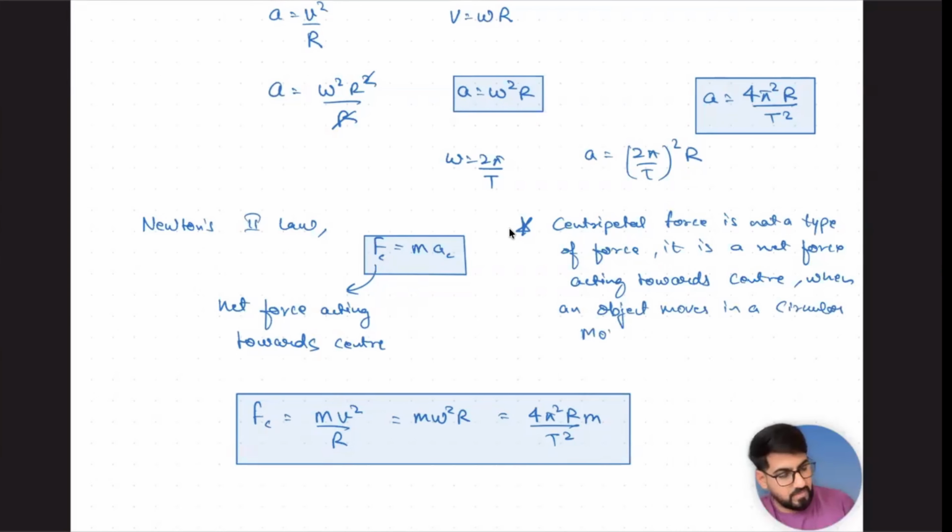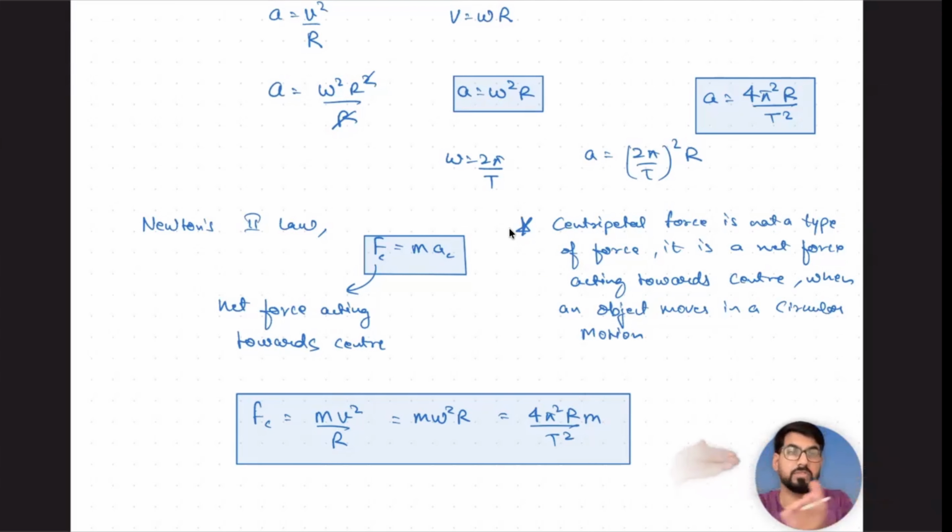That's it. So it's not a type of force like friction, normal contact force, applied force, buoyant force. These all are different types of forces that we discussed in 8.2. But here, centripetal force is just the net force.